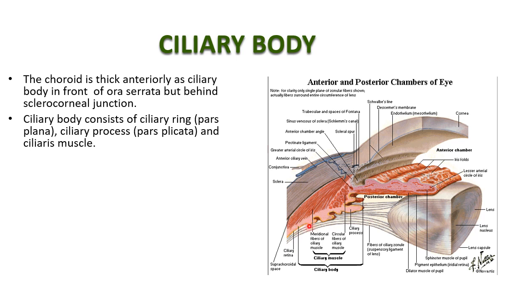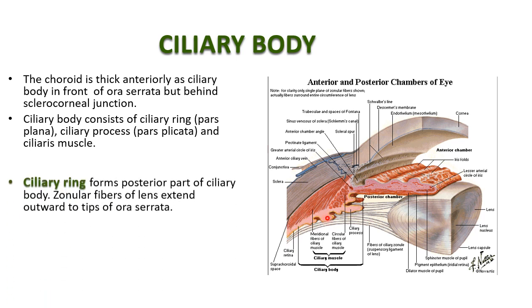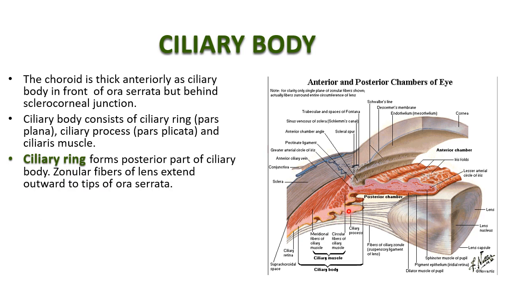The posterior part consists of the ciliary ring, and anteriorly you can see 70 to 80 ciliary processes. These ciliary processes form the pars plicata in the anterior one third. In the posterior part you don't see these processes, and it is smooth, called the pars plana. These 72 ciliary processes radiate from the periphery of the iris. This is the iris which you can see here.